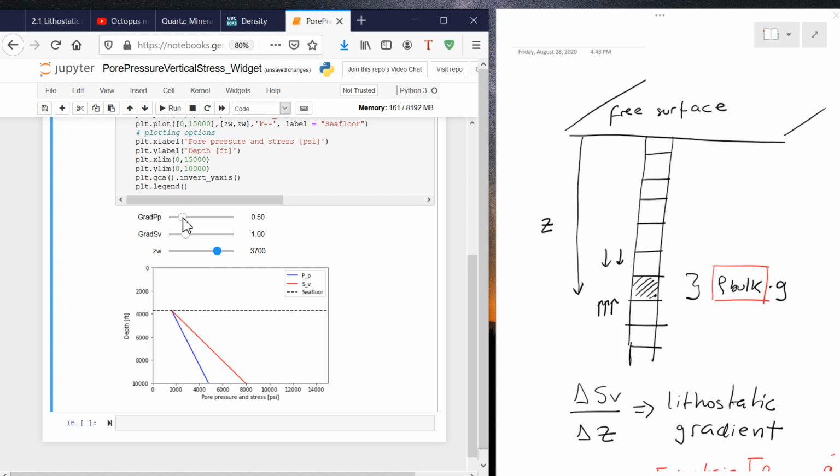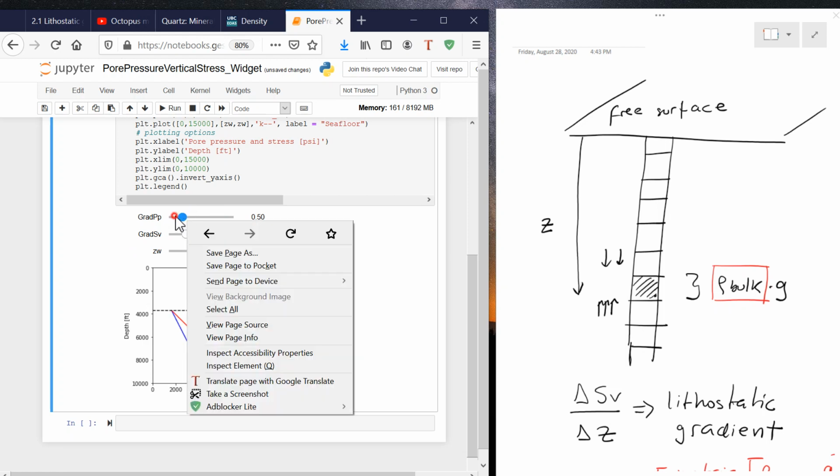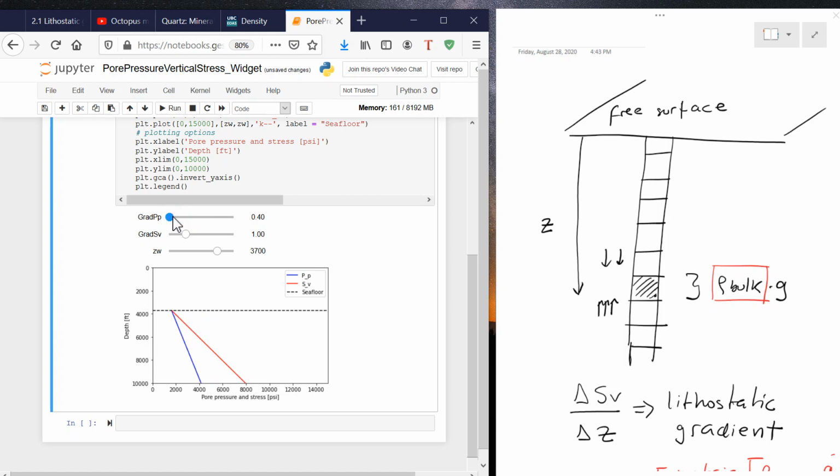What I'm going to do now is change, for example, the gradient of pore pressure. If this is not under hydrostatic conditions, we're going to see later on that this gradient of pore pressure could be higher than 0.44. And many times what happens in reality is that very close to the seafloor, the gradient is close to hydrostatic.